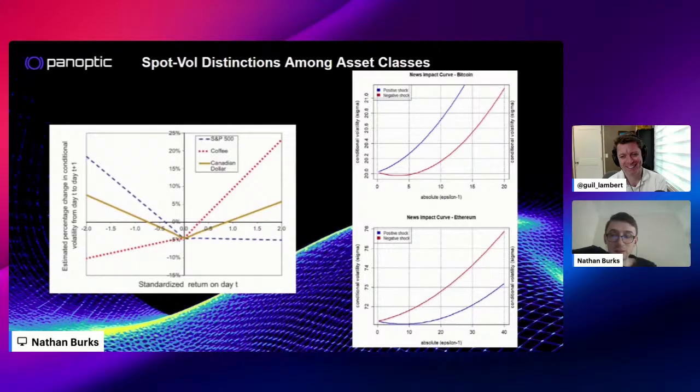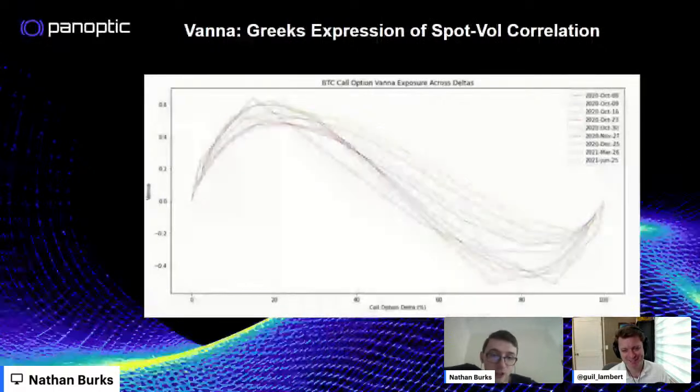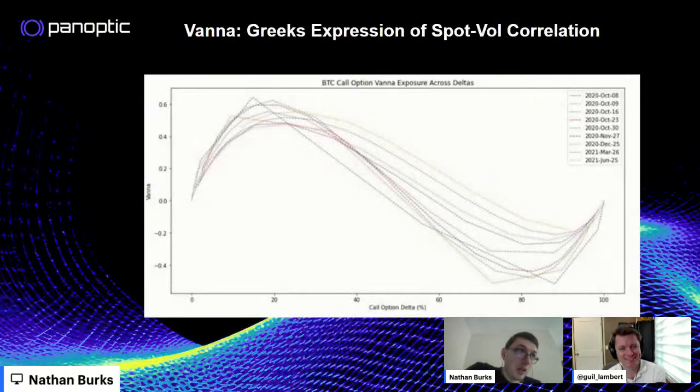The next question is, how do you trade this in a Greek-centric or option-centric way? That's through the higher order Greek, Vanna, which really has two technical definitions: it's the change in delta with respect to changes in the underlying implied volatility, or the change in vega with respect to changes in the underlying spot return.